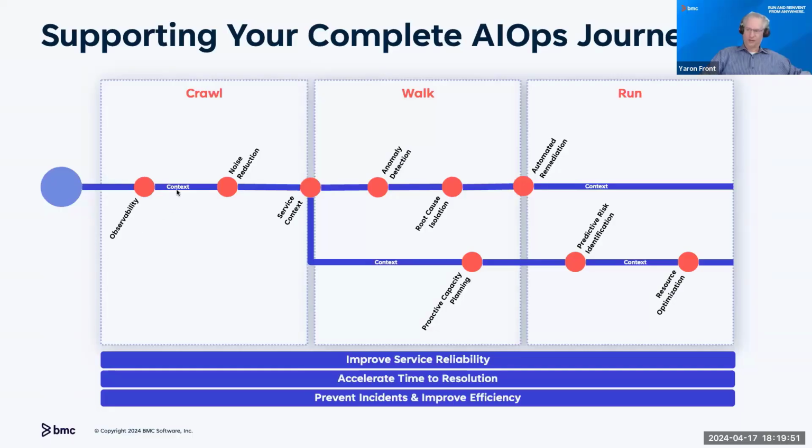So like we said, you start from observability, you add context to it, and then you're able to do advanced capabilities like noise reduction, so taking lots of events, pulling them into one, adding service context, anomaly detection. So all the capabilities that we already saw in our demo, this is kind of the roadmap to getting there. And it starts, like I said, from observability and adding context to it.